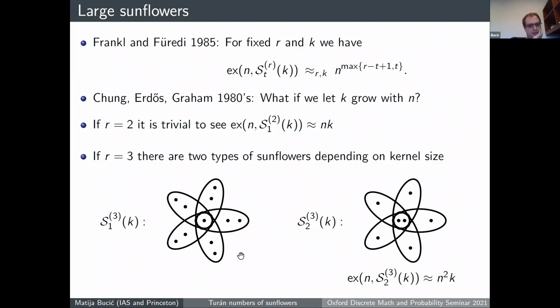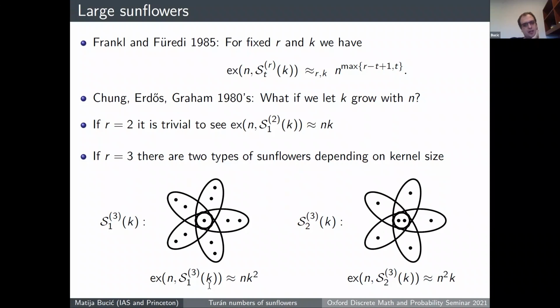So the other one is a bit more interesting in terms of the upper bounds. This is far less trivial than the other one. And the answer here is nk squared, which you should think of as being a bit smaller than this one, because while k is allowed to grow with n, if k becomes linear in n, then the answer becomes trivial.